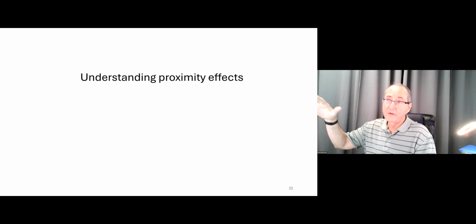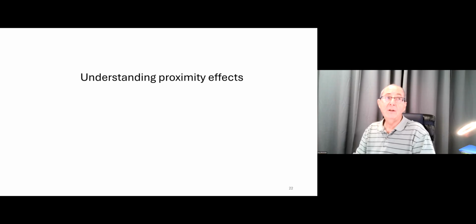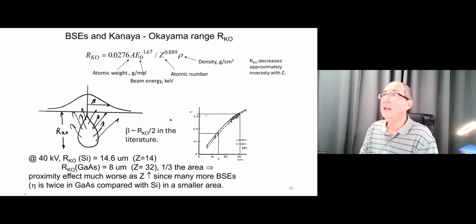One pattern exposes the other pattern, and that pattern exposes the first pattern. And even in a rectangle, every part of the interior is being exposed by other parts of that same rectangle. Those are called proximity effects. So what causes proximity effects?